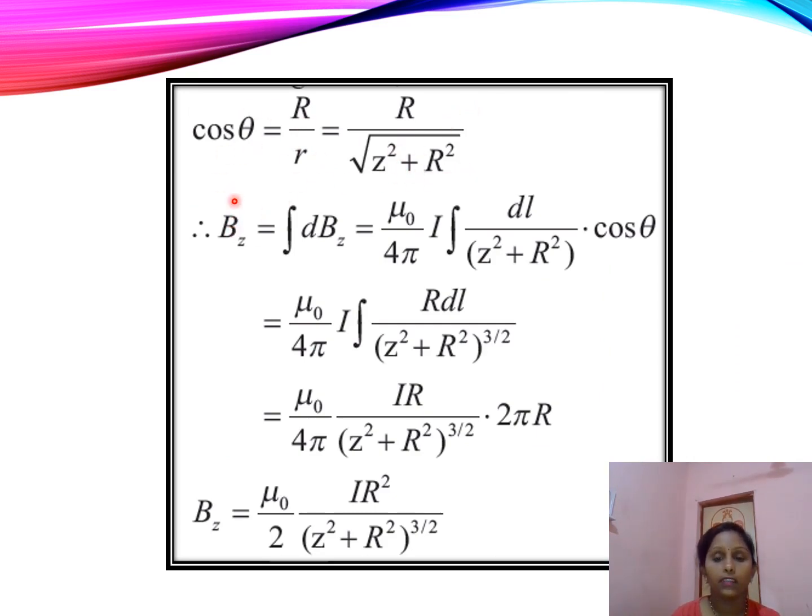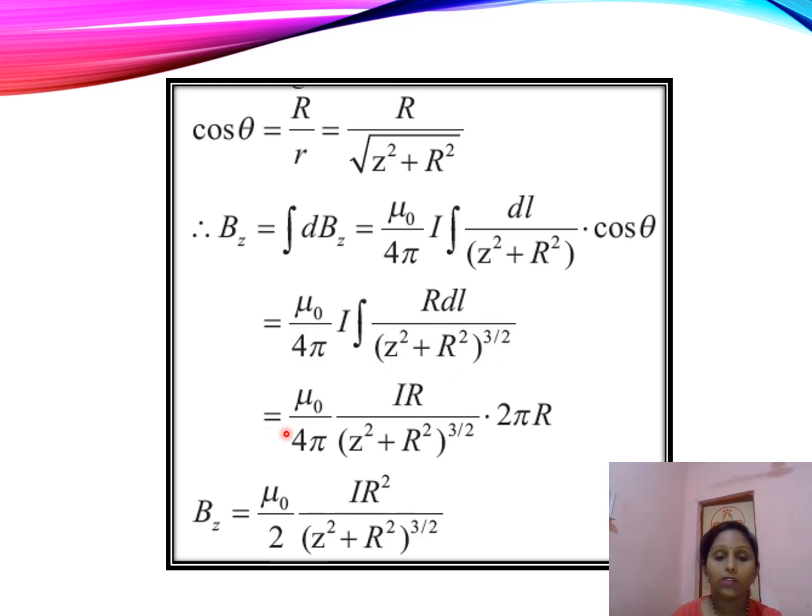Magnetic field at point P on the z-axis can be calculated as integration of dB z-axis, that is equal to μ0 divided by 4π I integration of dB cos θ. So dB value is dl divided by z square plus R square. Now we substitute the value of cos θ. The equation comes, that is B is equal to μ0 divided by 4π I integration of R dl divided by z square plus R square whole to the power of 3 by 2.